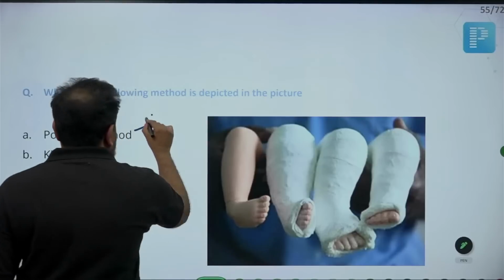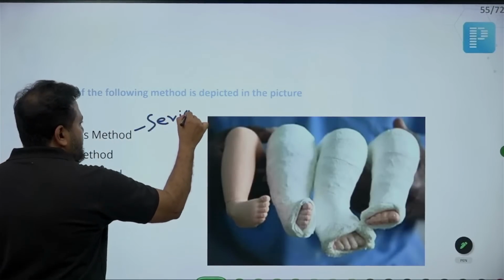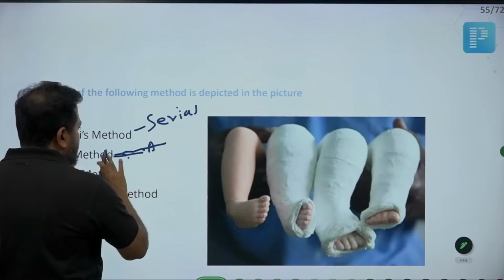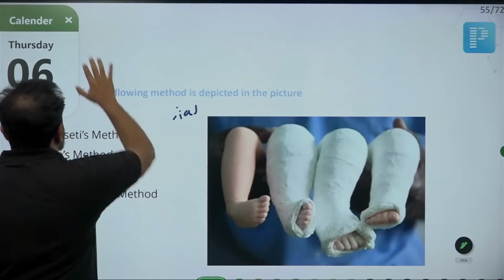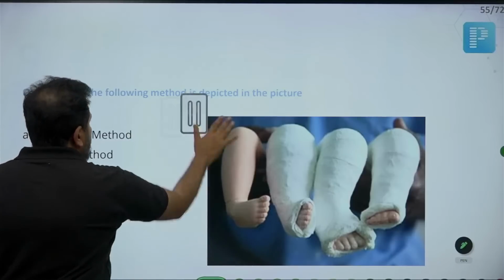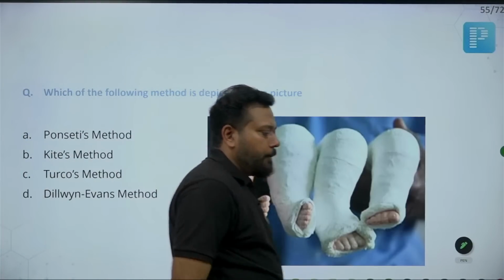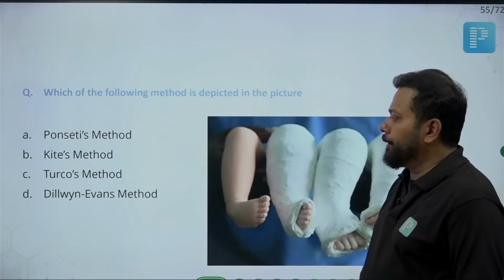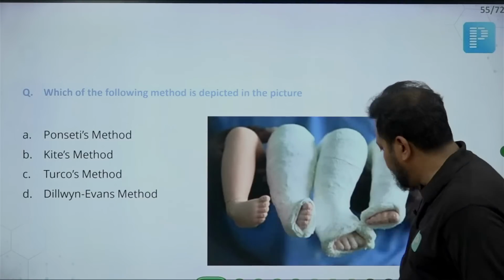Ponseti's method is serial correction. Kite's method corrects at a stretch, not serially; you are correcting all the deformity at a stretch. Turco's method and Dillwyn Evans, I will tell in the next slide.